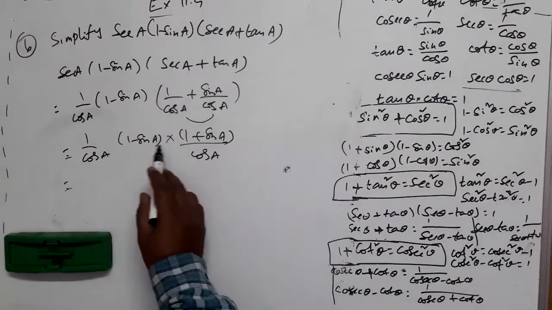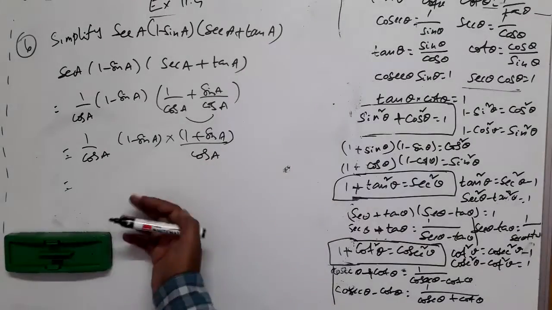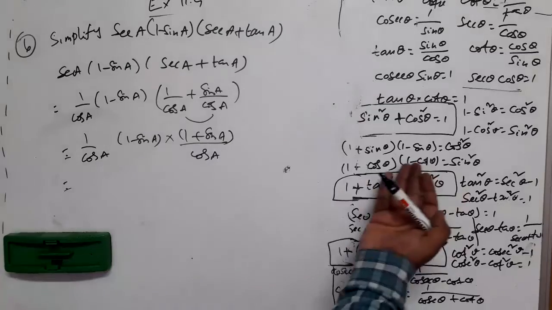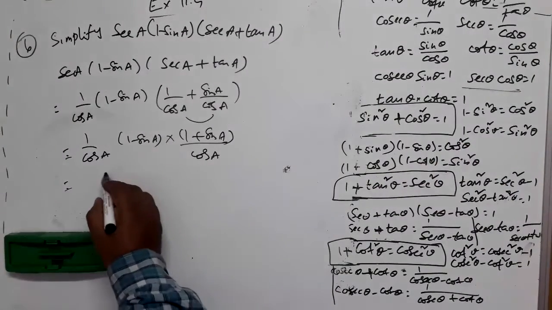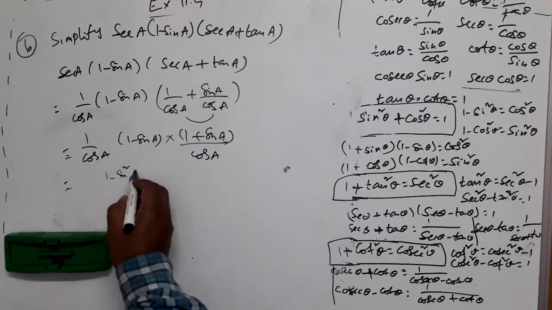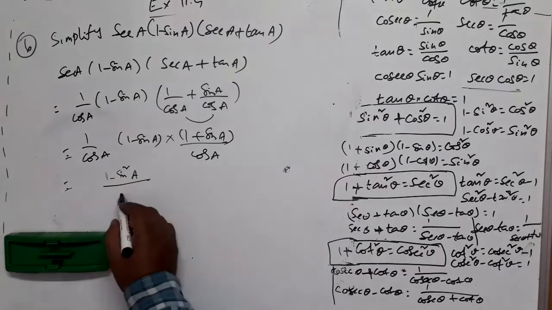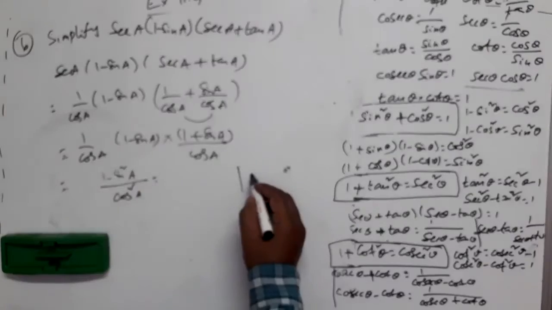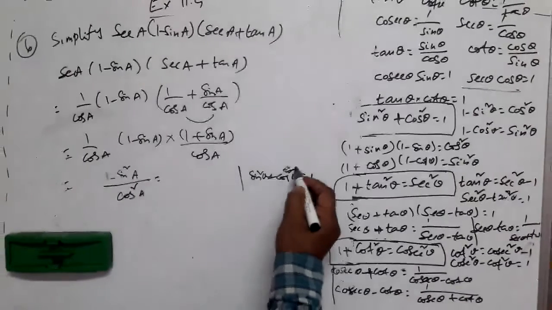Is there any observation? Yes, here you can observe that this is of the form a plus b into a minus b, a square minus b square, or 1 minus sine square A. 1 minus sine square can be written as cos square A. So this is 1 minus sine square A by, I am leaving the denominator, cos A into cos A, of course, is cos square A. But sine square theta plus cos square theta is 1, we have this identity.